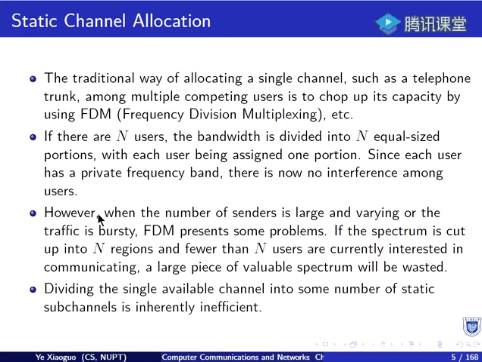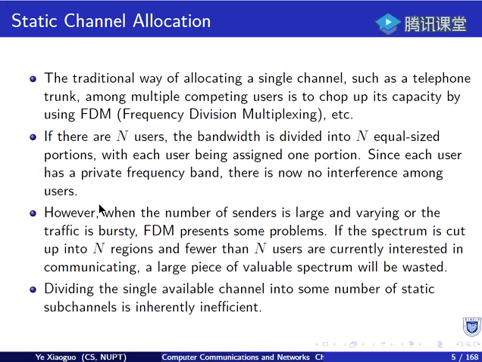If the spectrum is cut up into n regions and fewer than n users are currently interested in communicating, a large piece of valuable spectrum will be wasted. So if we divide the bandwidth into n equal-sized portions, but only a few of them are used, the others are wasted.